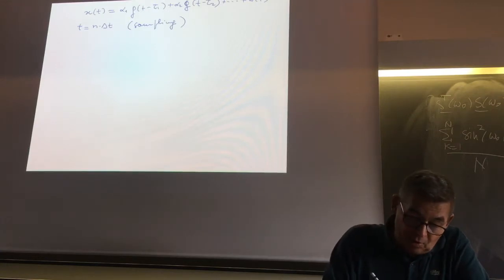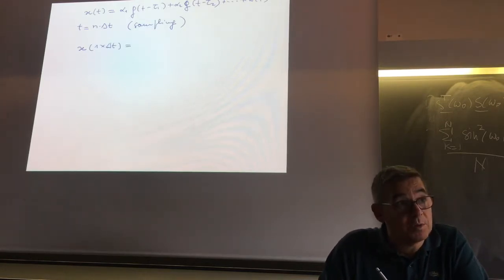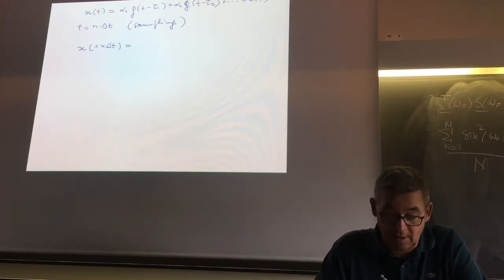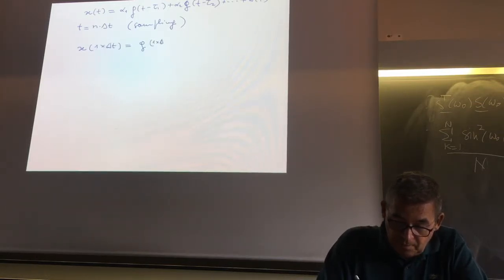So if I'm sampling, I get that x of 1 times delta t is equal to, now what I do, I put the alpha on the right, and the g on the left. This one is g(t), now t is 1 times delta t minus tau 1. Then I have g(1 times delta t minus tau 2).